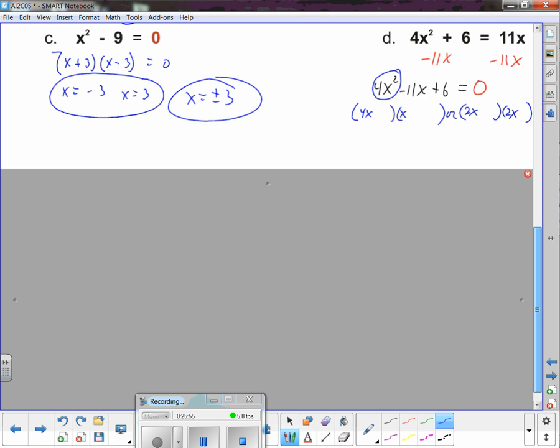So again, I'm after the middle. I'm after a negative 11x. I've got a 6 to work with. So 6 and 1, 2 and 3. You know what? If I put a 3 right here, that's a 12. I'm awful close to 11, aren't I? And again, if I use a 6, the other one's got to be a 1.